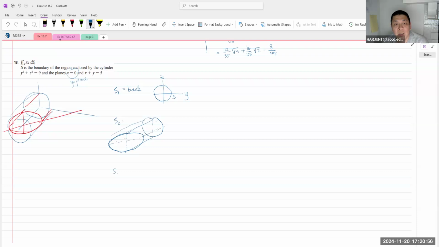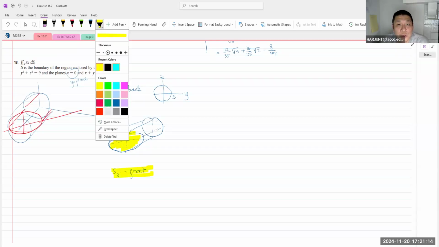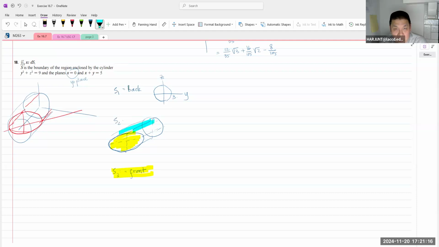Then surface 3 is the front, this part here. Surface 2 is the lateral. Okay, seems like we need to do something. I really hate this.